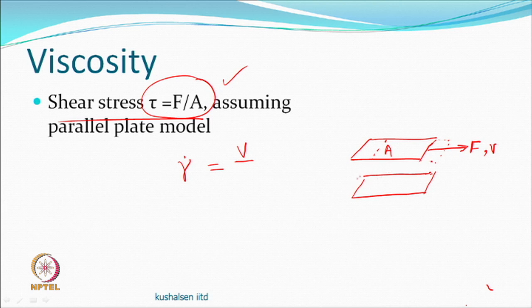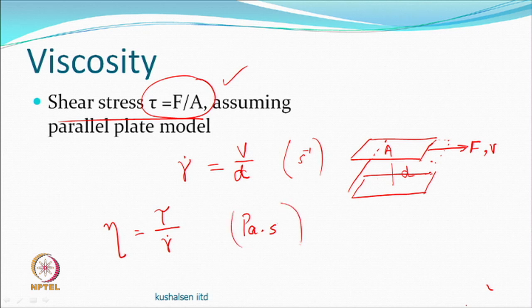This change would depend on the distance between them also, and the shear rate has been defined on this distance as well. So, the viscosity could be tau, shear stress, by the shear rate, because this is velocity by distance. The unit of shear rate is second inverse, and here you will get Pascal second as the unit of viscosity, which is sometimes also known as dynamic viscosity.